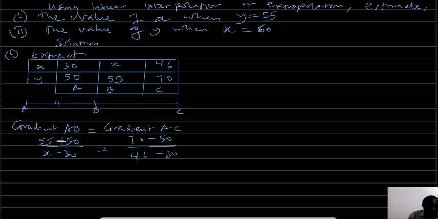When you subtract, 55 minus 50 you get 5 divided by x minus 30, equal to 20 over 46 minus 30, which is 16. Cross multiplying, this is going to be 20x minus 600, giving us 80. When you solve for x, x is going to be equal to 34.